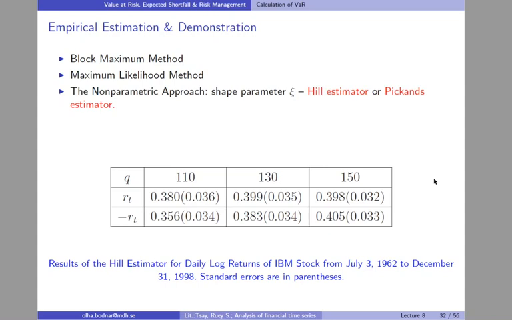For empirical estimation and demonstration, we have three methods: the block maximum method, the maximum likelihood method, and the non-parametric approach, which is the Hill or Pickands estimator for the shape parameter epsilon. So here we have the Hill estimator for the daily log returns of IBM stocks with the corresponding standard errors.